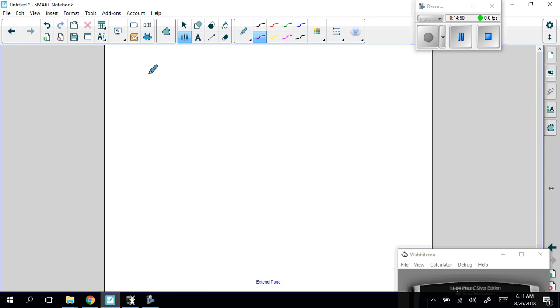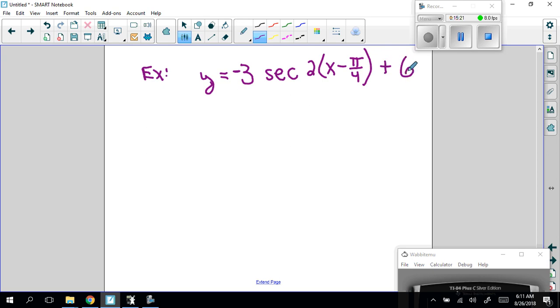So let's do another. So y equals 3. How about a -3 secant, I don't know why I did secant, but 2x minus pi over 4 plus 6. Now, this is right pi over 4, up 6.